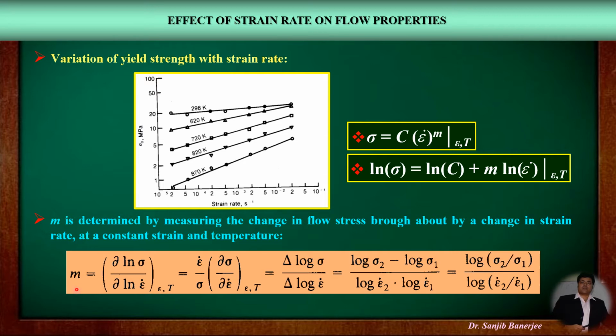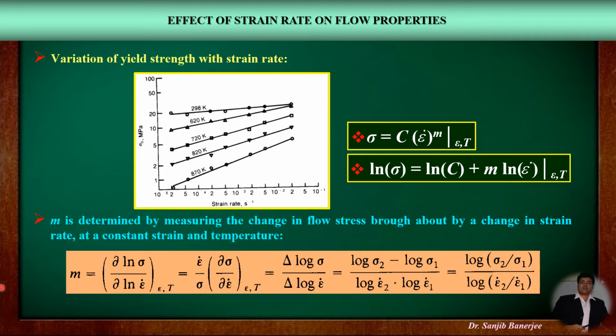Here in this equation, we can see that m is equal to the derivative of log of sigma by log of epsilon dot at a given value of strain and temperature, which is represented by epsilon dot by sigma into the derivative of sigma by epsilon dot, which is ultimately represented by the log of sigma 2 by sigma 1, that is the change in flow stress value, by the log of epsilon dot 2 by epsilon dot 1, that is the change in strain rate value.